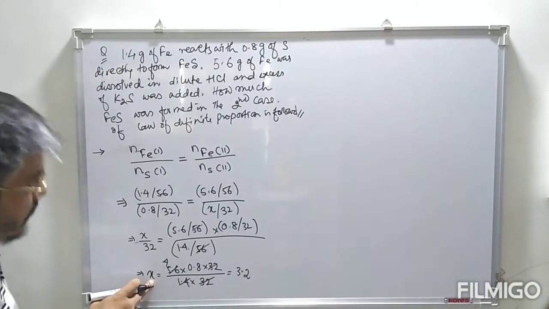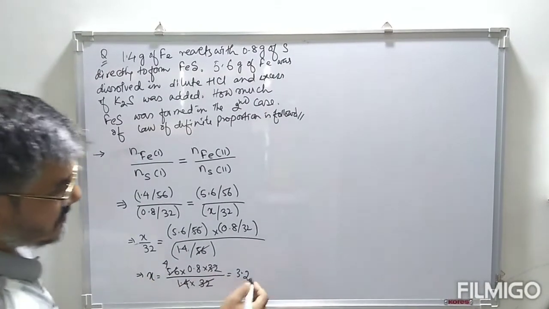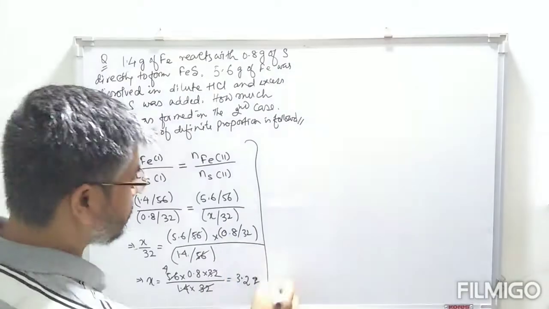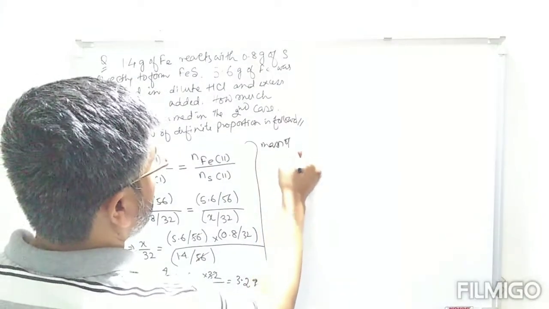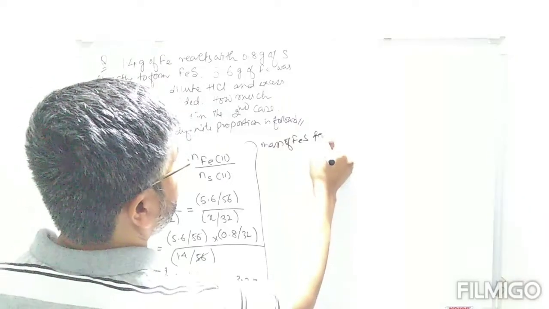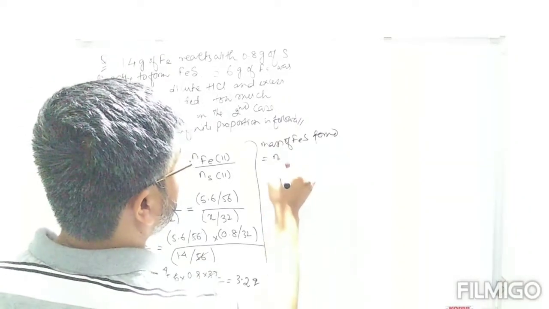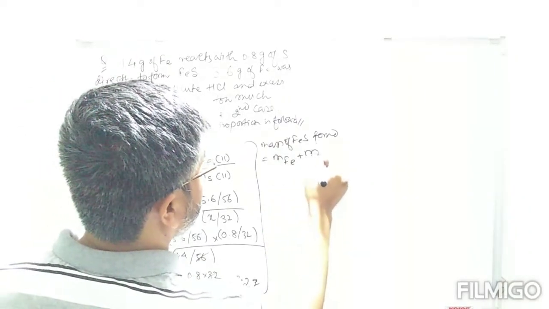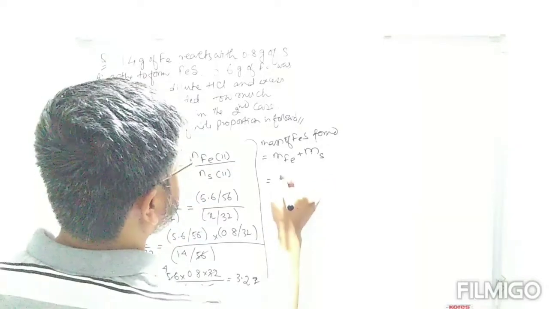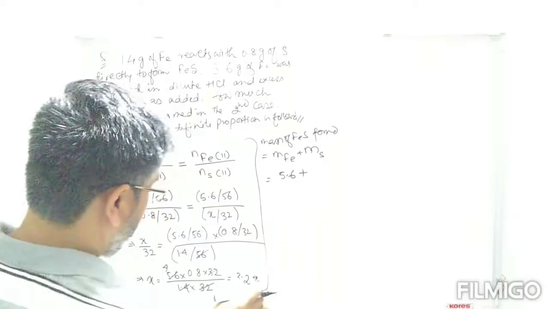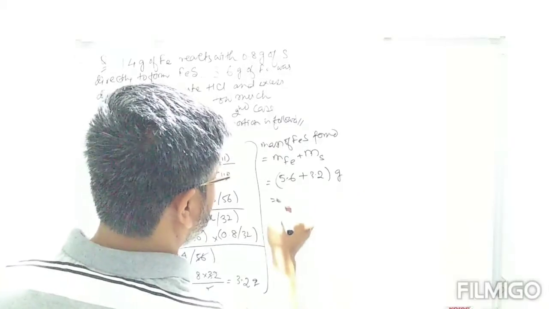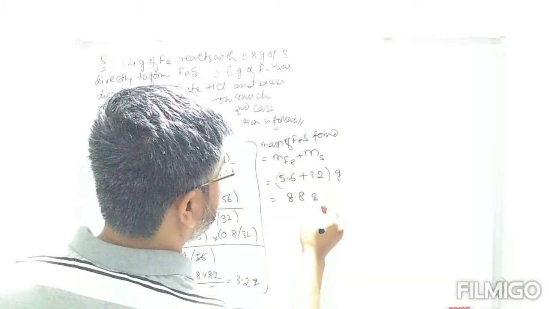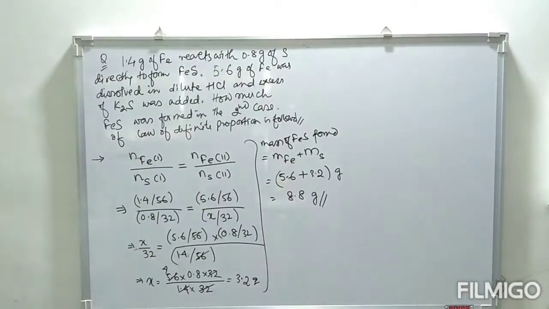So the mass of sulfur in the second case is 3.2 gram. Therefore, the mass of FeS formed will be equal to the mass of iron plus the mass of sulfur. The mass of iron is 5.6, the mass of sulfur is 3.2, so we have 8.8 gram.